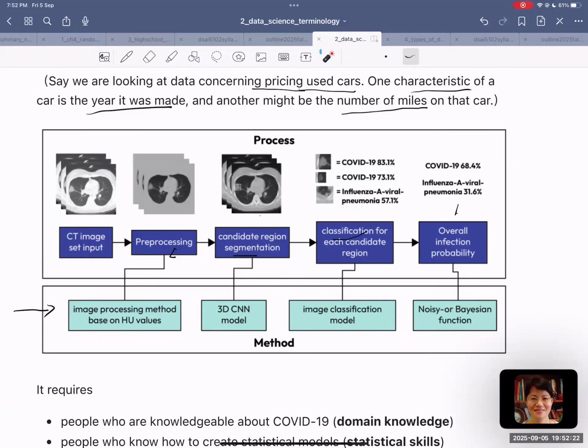So here would be some image knowledge inside. Next, if you try to do some classification, like you try to find out which region may be highly related to, or act as a signal of, a disease, finally the overall infection probability comes out. So here you can see from the left-hand inputs to the right-hand side, the infection probability.